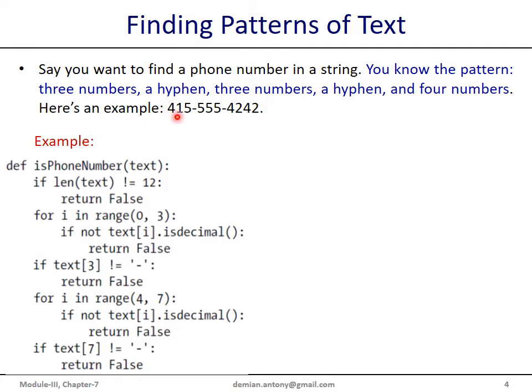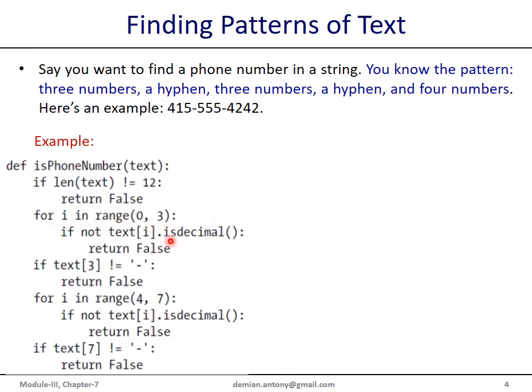This is the pattern: 3 digits, hyphen, 3 digits, hyphen followed by 4 digits. First we need to check whether the length of this text is 12 characters. If the length exceeds or is less than that, then you return false.